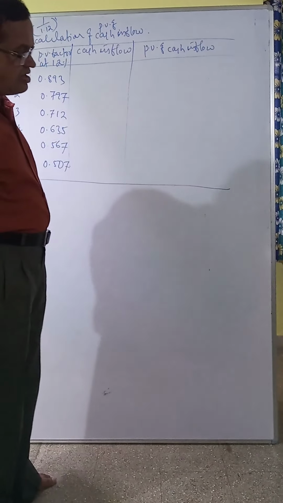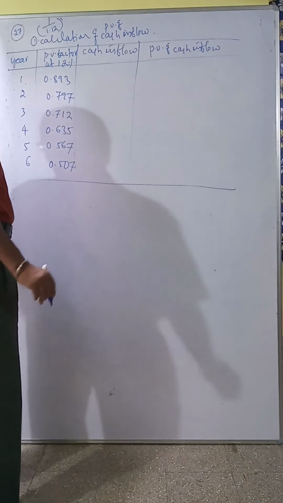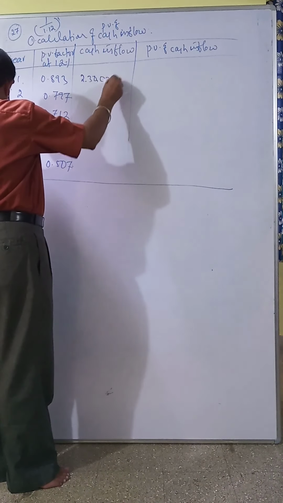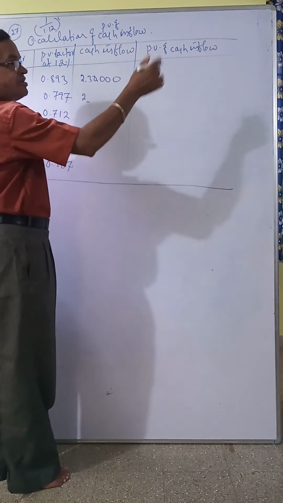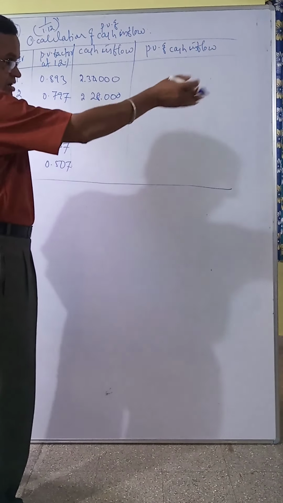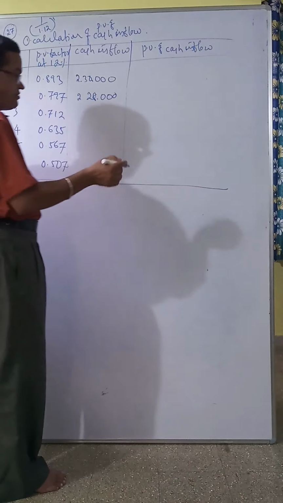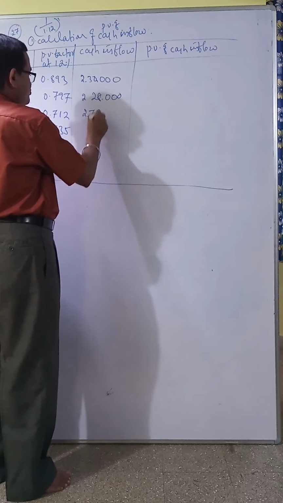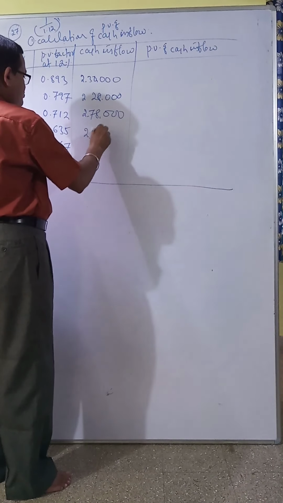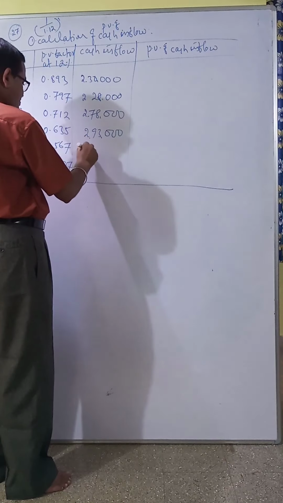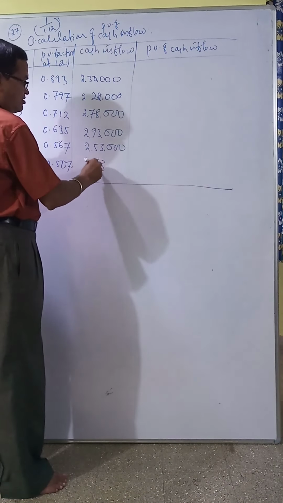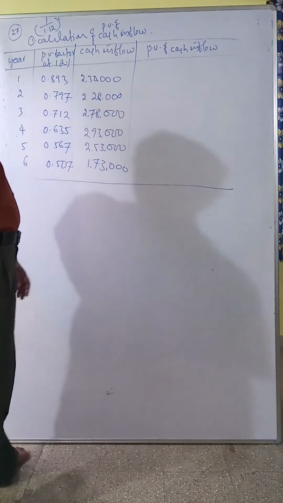Next, the cash inflows given are 2,30,000, 2,28,000, 2,28,000, 2,78,000, 2,93,000, 2,53,000, then 1,73,000. This is the cash inflow.